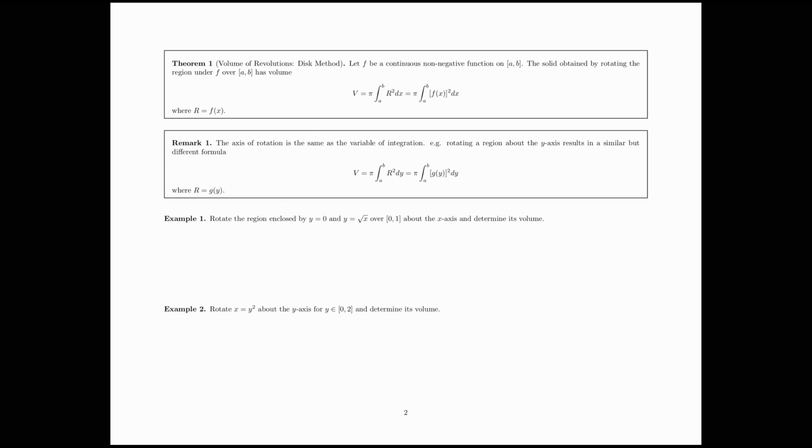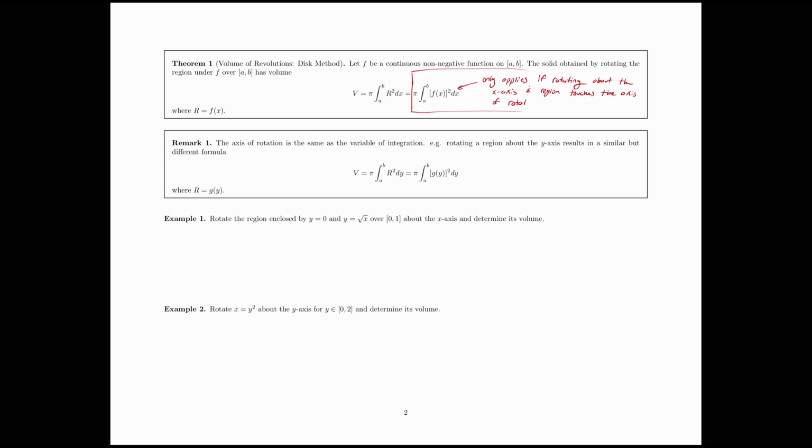So what's really important here is I'm going to write down that this formula here, this one right here specifically, only applies if rotating about the x-axis and the region that you're rotating touches the axis of rotation.